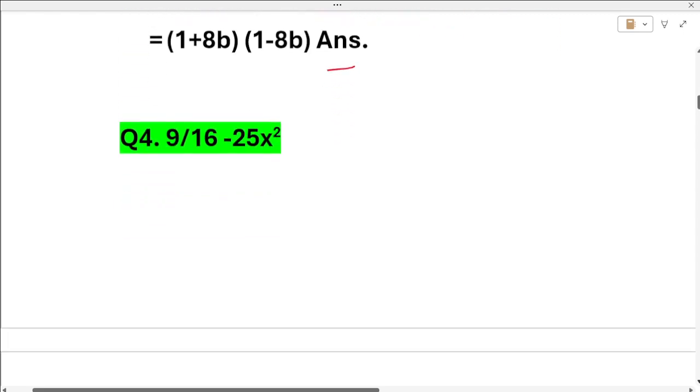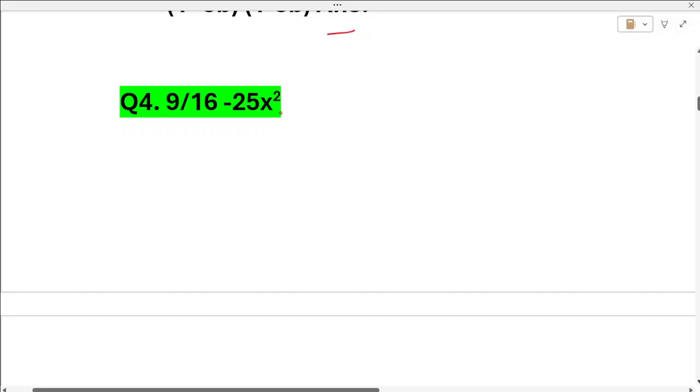Now come to question number 4. It is given here: 9 by 16 minus 25 x square.